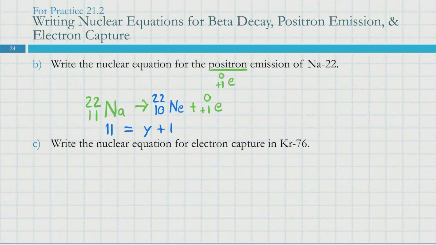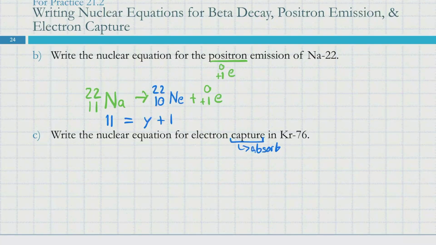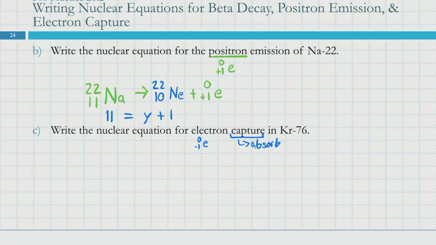We can write a similar nuclear equation for the electron capture. Capture here being absorb. So we're absorbing an electron. That means the electron goes on the left side with our krypton. So krypton-76, we find the atomic number on the periodic table. It is 36.